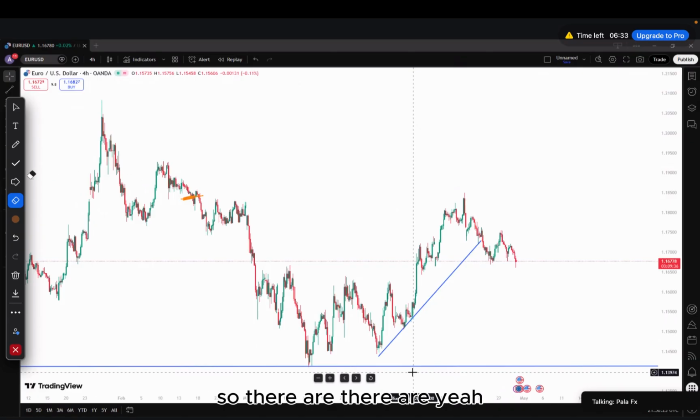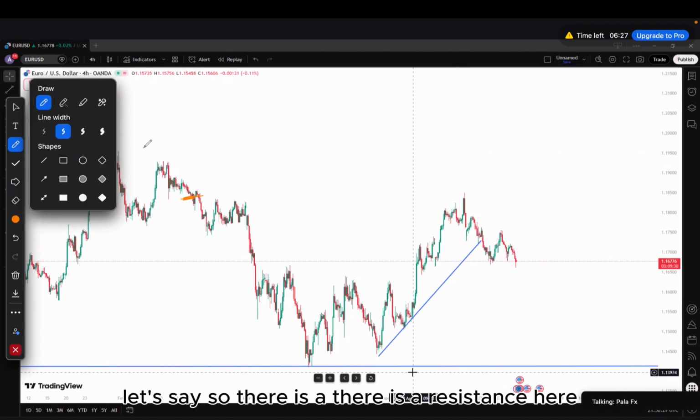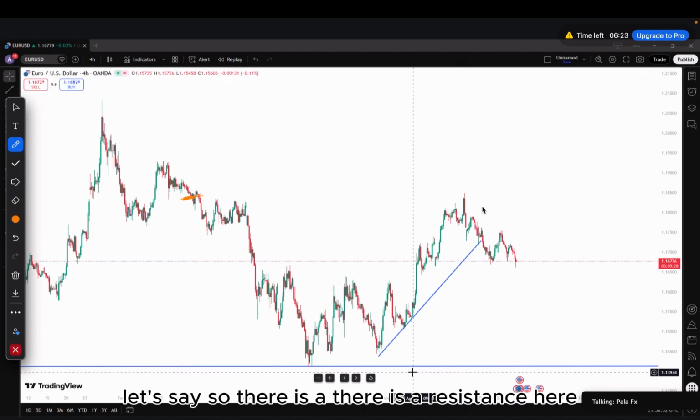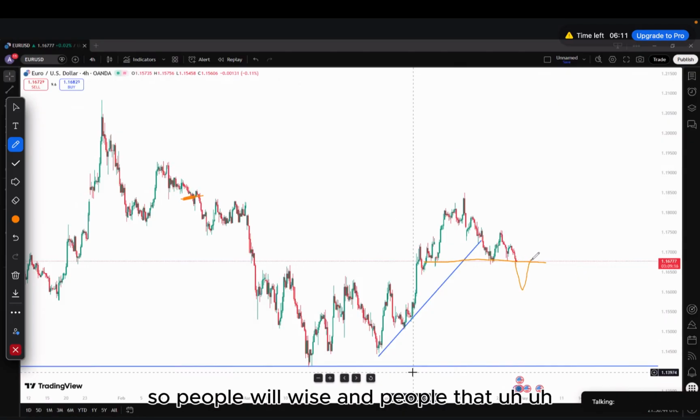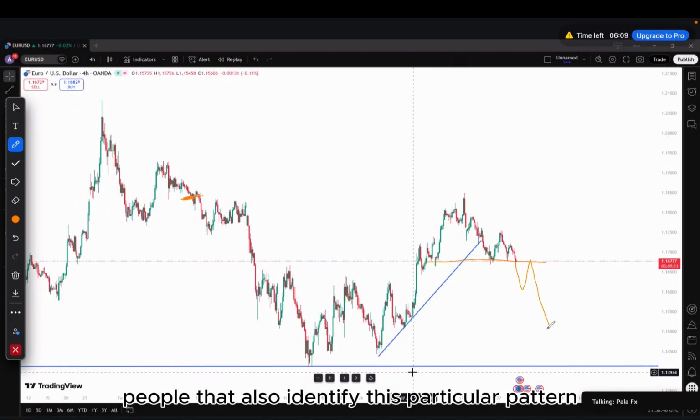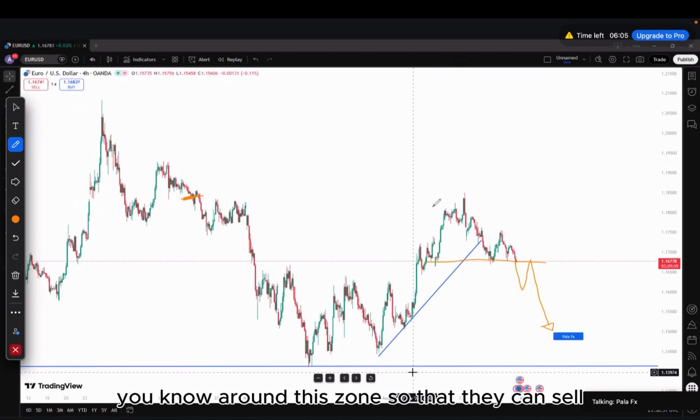So there is every possibility that this chart will do something like this. Let's say there is a support here. There is every possibility that the market will break here, then retest and continue selling. People who are wise and also identify this particular pattern will be waiting for their entry around this zone so that they can sell.